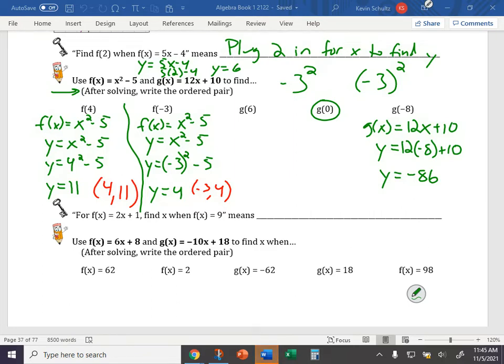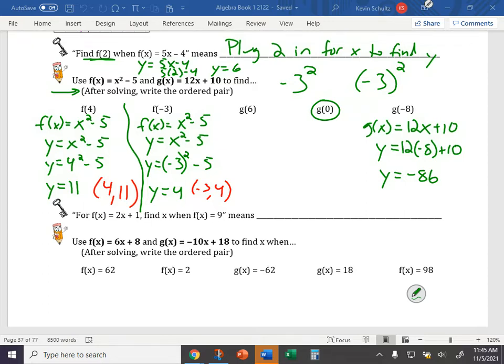But when you see that, g of 0, you look back at where we talked about it, what does that mean? It means you're plugging, in this case 2, or in this case 0, in for x to find y. So part of it is knowing what you're being asked to do. And when you're dealing with function notation and it says g of 0, it means you're plugging that 0 in for x. Second thing is, which equation are you using?